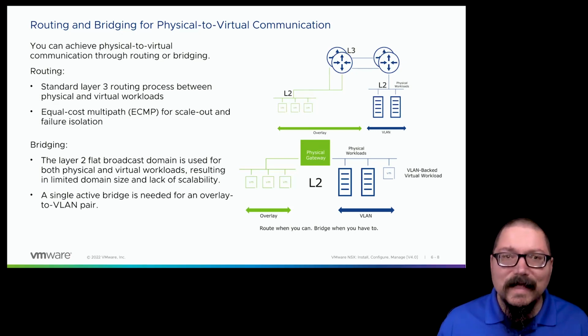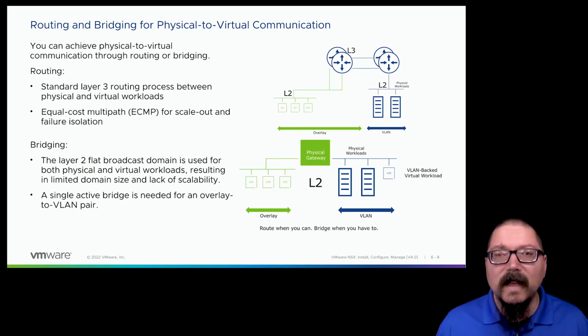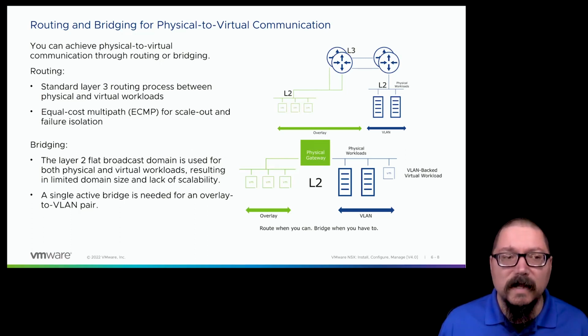Now, these days, it's far more common for things to work at layer 3, so routing is perfectly functional. We actually prefer in many ways to route traffic because it allows me to minimize the size of my layer 2 domains and all that kind of stuff. However, it's not always the right answer. So we have bridging for when routing is not going to be the right answer.